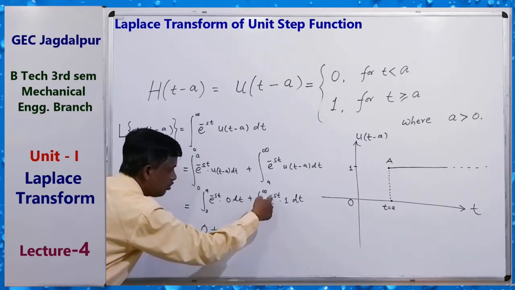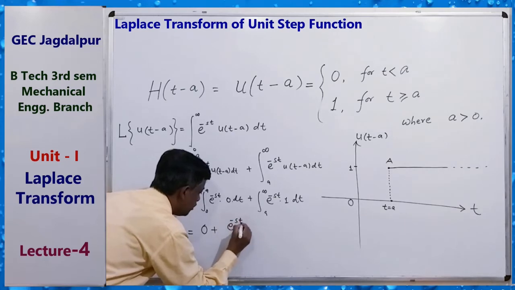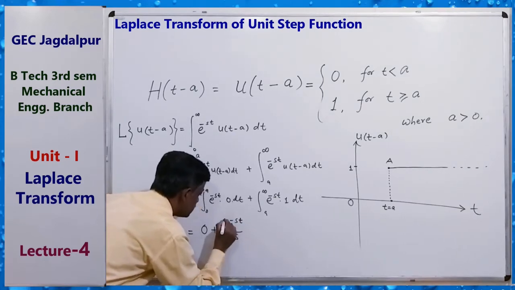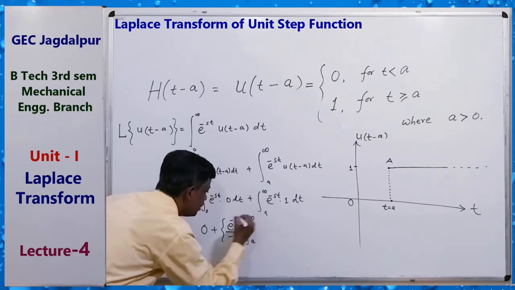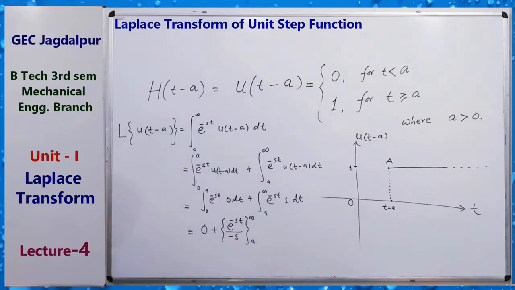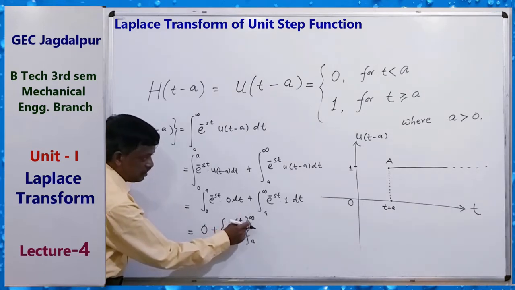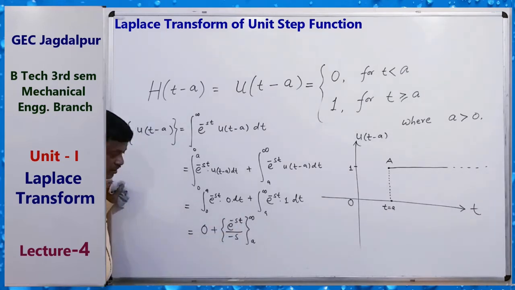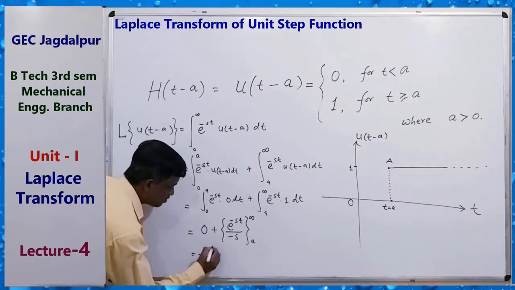Plus integral of e to the power minus st with respect to t, that is e to the power minus st upon minus s, and apply the limit t to infinity. What will be the value? Minus 1 by s is outside.